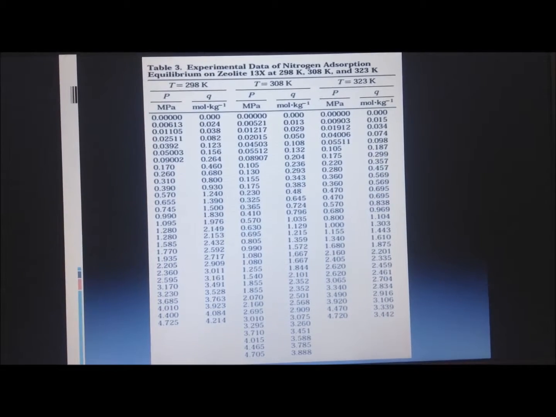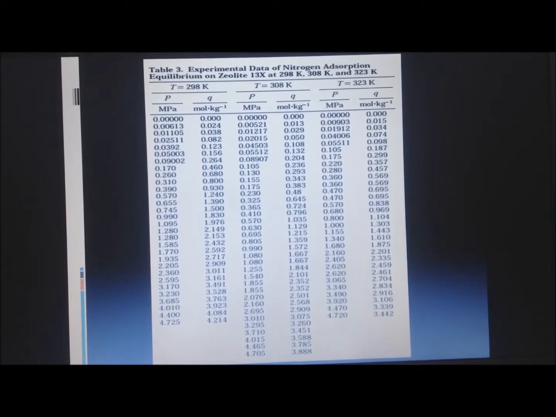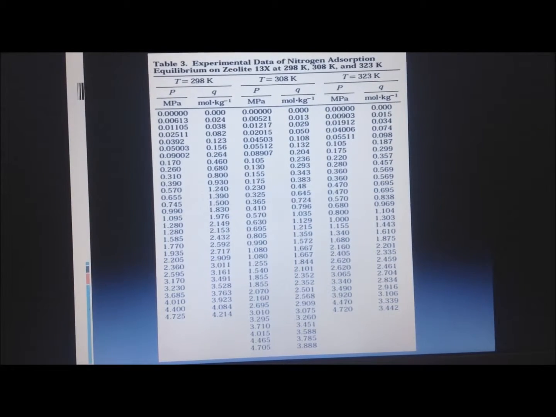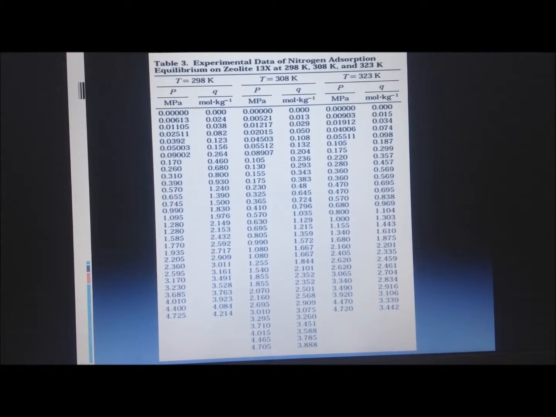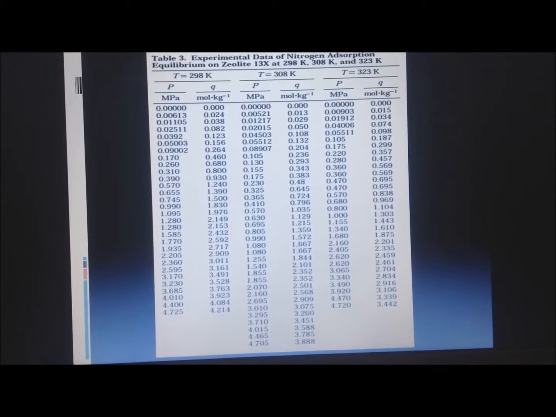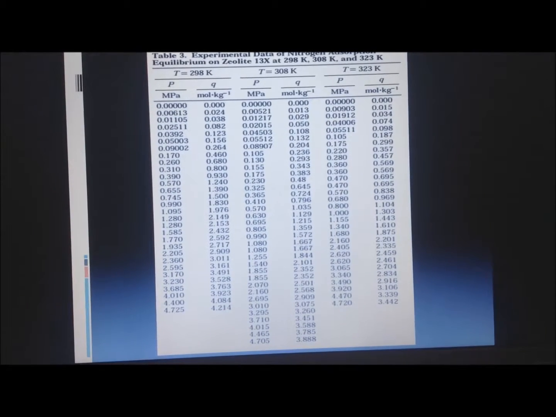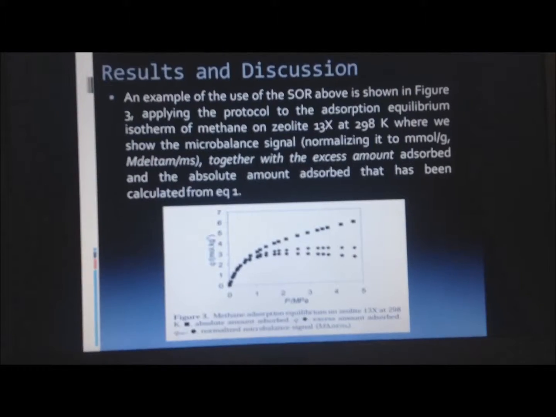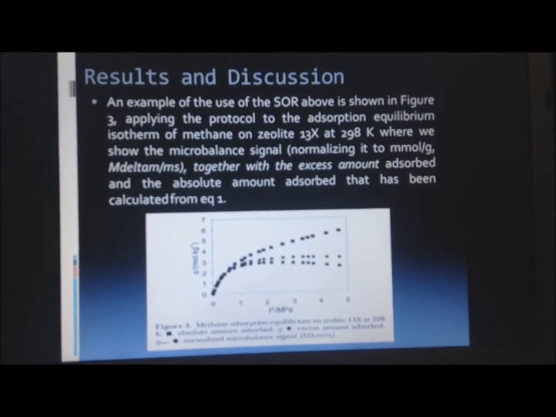While Table 3 shows the experimental data of nitrogen adsorption equilibrium on zeolite 13X at 298 Kelvin, 308 Kelvin, and 323 Kelvin. We are now down to the results and discussion of the study.